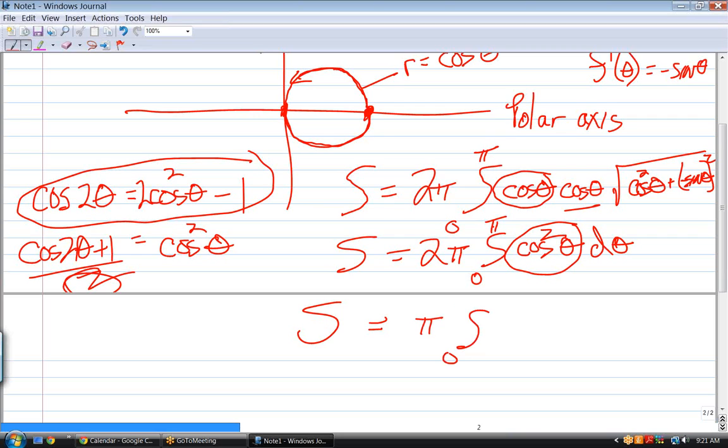I'm still going to go from 0 to pi, and now what I have inside is 1 plus cosine 2 theta d theta. In other words, that's the same as this identity up here, only I took the denominator outside the integral.